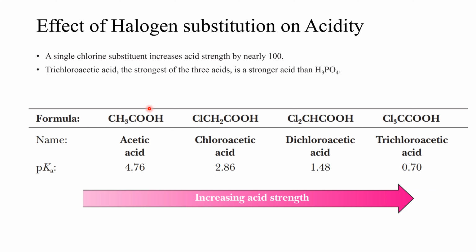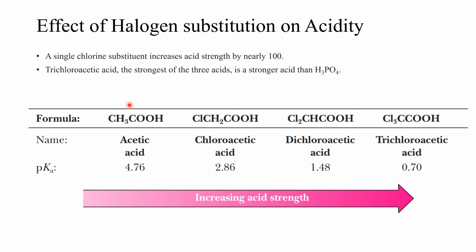Halogens are elements which are electron withdrawing in nature, so their inductive effect is -I. We have established that an electron withdrawing group has a positive impact on acidity.